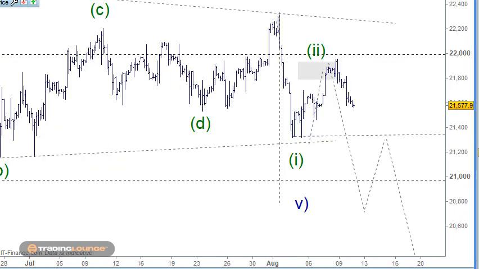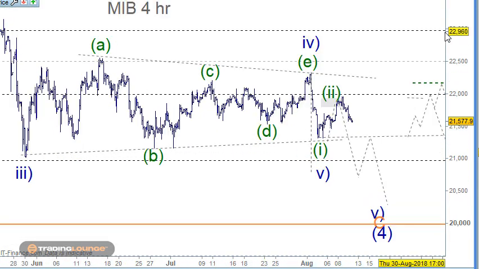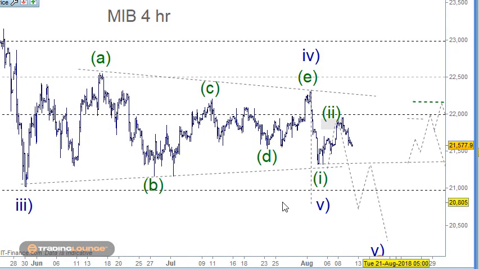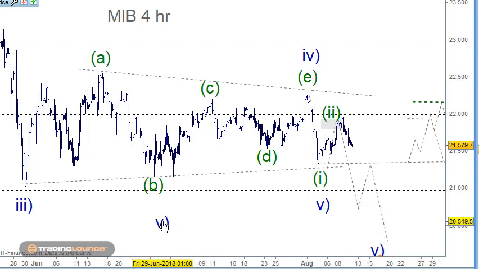Okay, Italy. So let's have a look at the 4-hour chart here. What we were looking at is that we have wave 3 here. We know that this is a corrective move to this point. It's possible that we could have this wave 5 sitting here, and then having all of this as a bullish move up here.